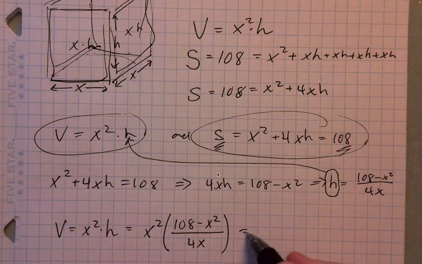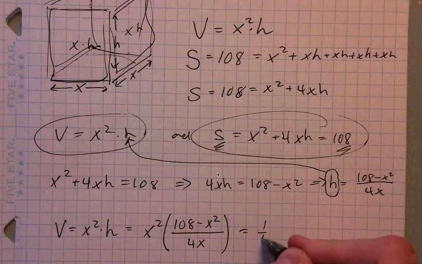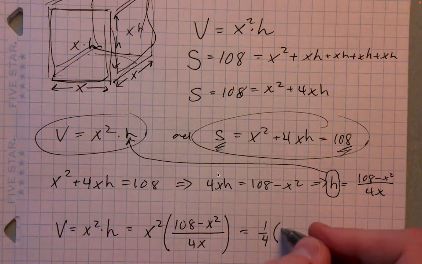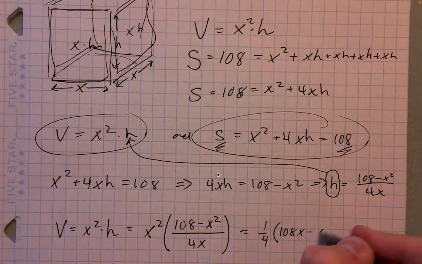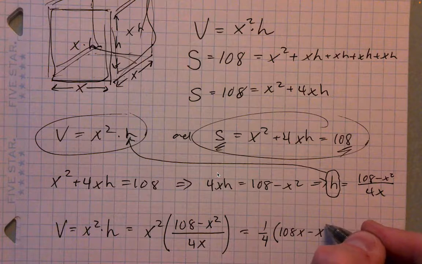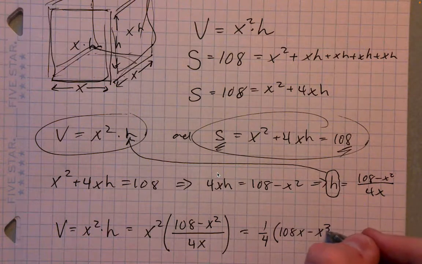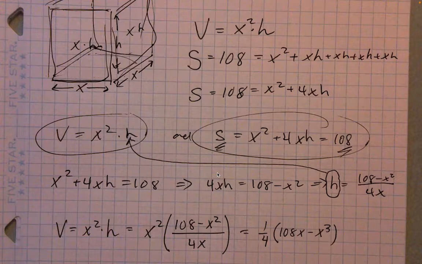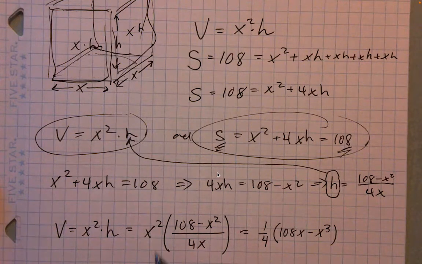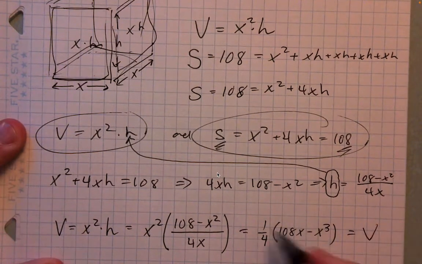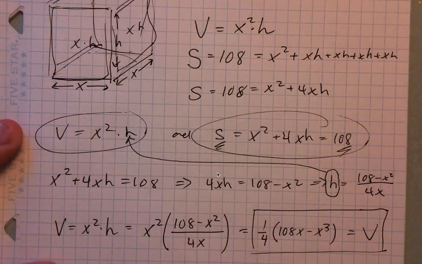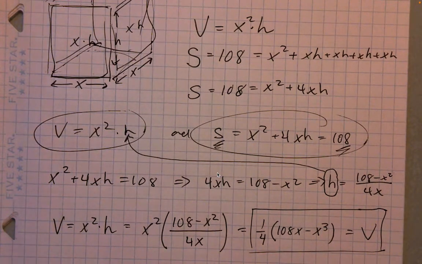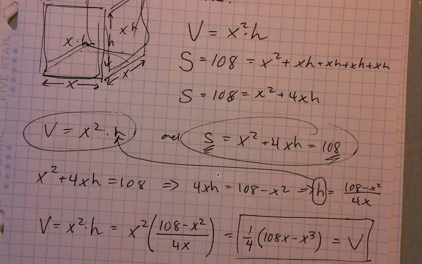And what we would end up with is the x's will cancel, and you'd have 1/4, and then we'll write 108x minus x cubed. Okay. All right, so this is what we need to maximize. All right, we want to maximize the volume, and this is how we've got the volume set up.